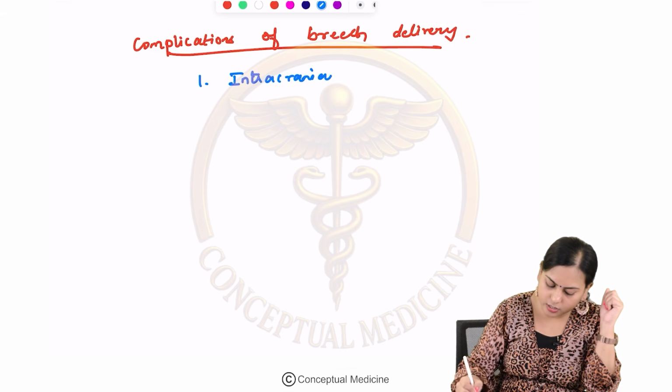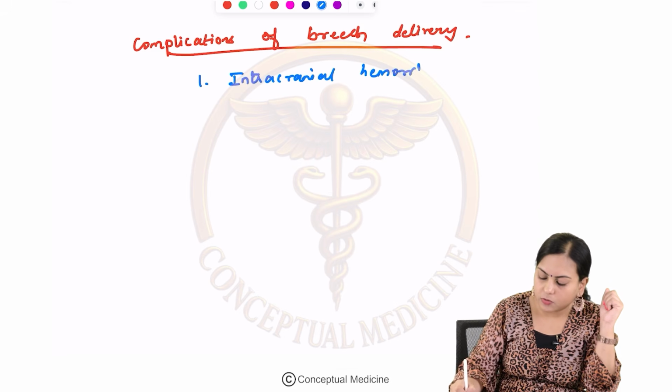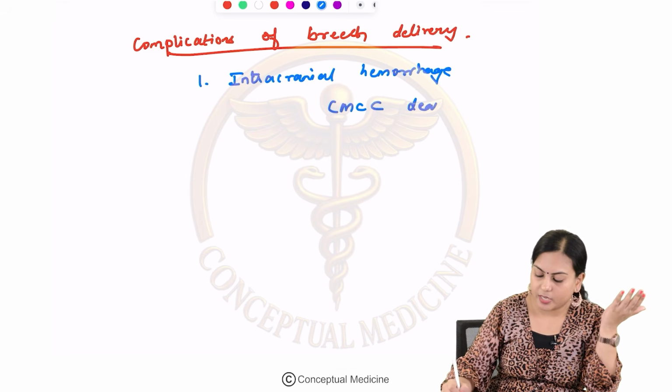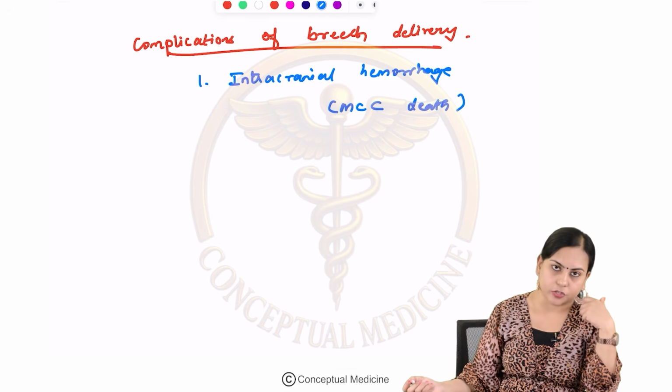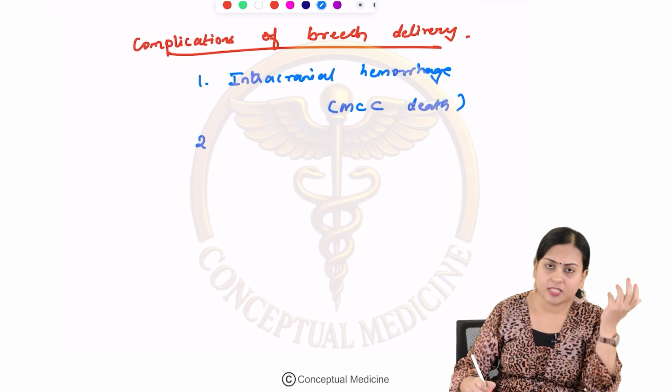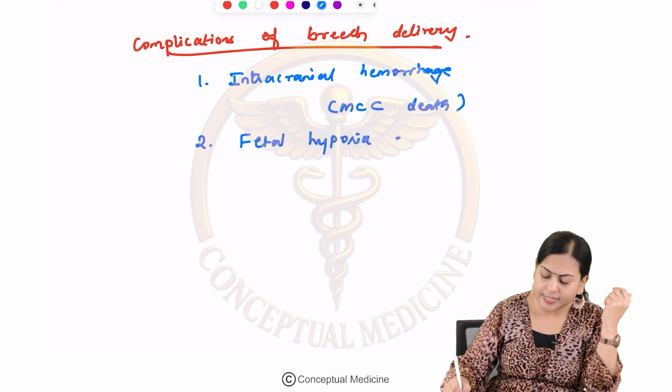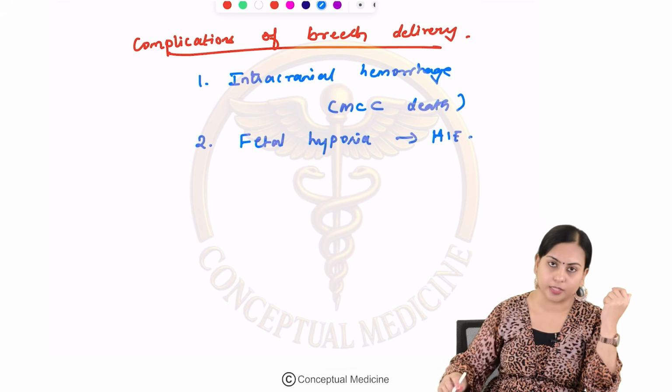resulting in intracranial hemorrhage. This is also the most common cause of death in a fetus with breech presentation. Clear? And because of this, if the baby recovers, there can be chances of fetal hypoxia leading to hypoxic ischemic encephalopathy.